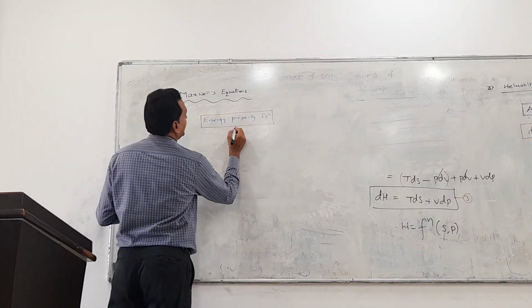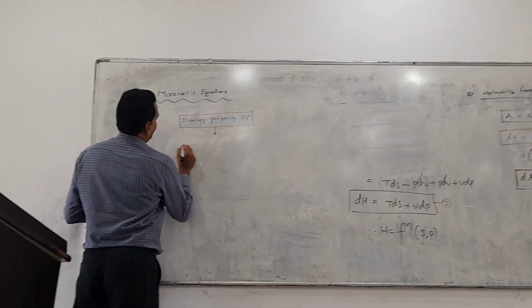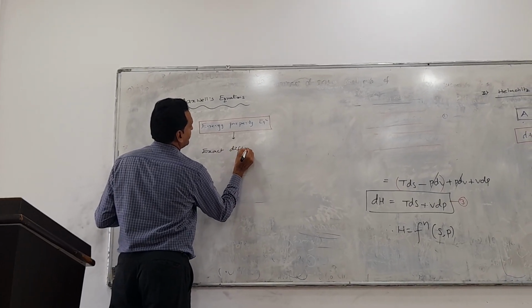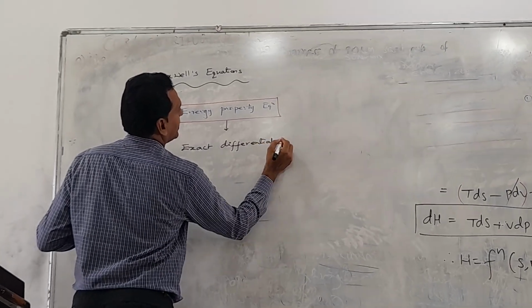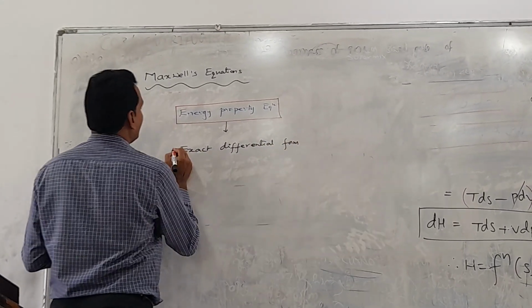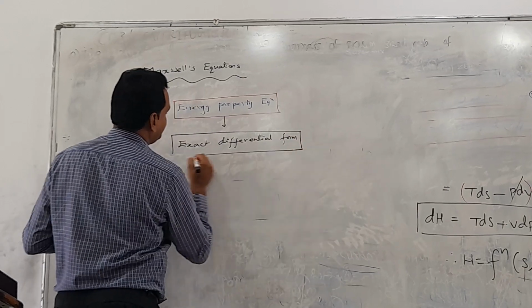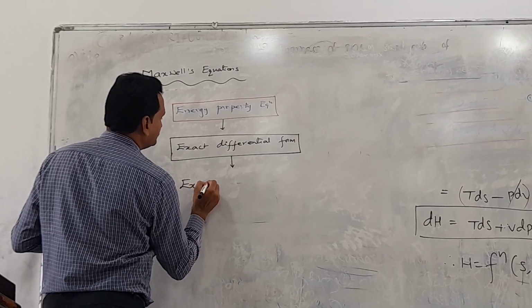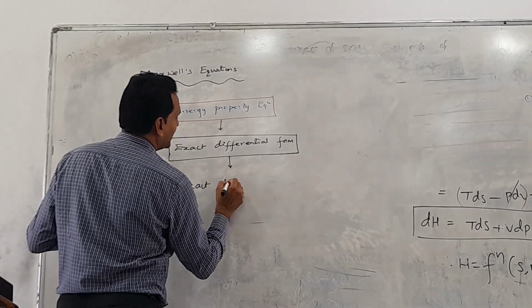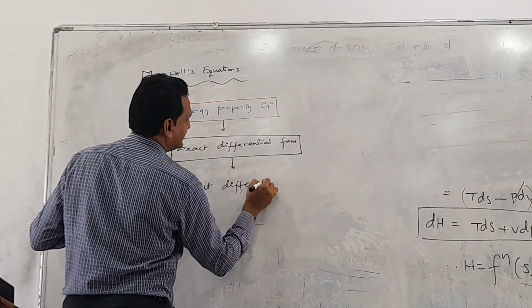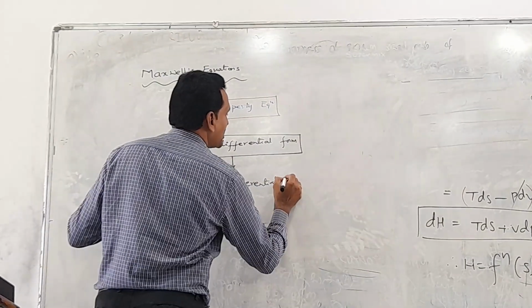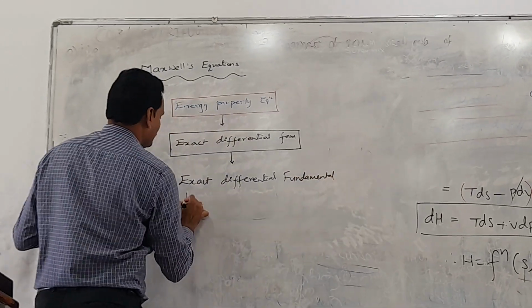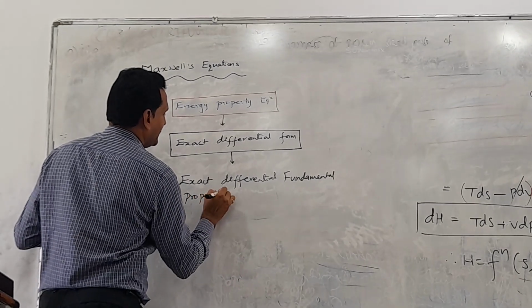Then the second step will be the exact differential form of this equation. The third step will be the exact differential fundamental property equation.